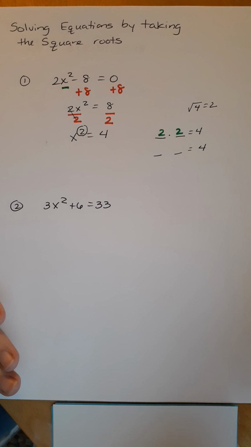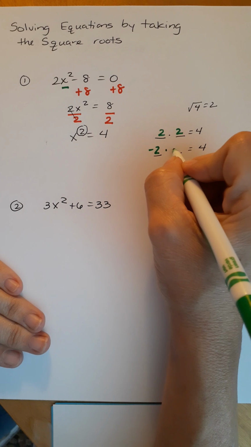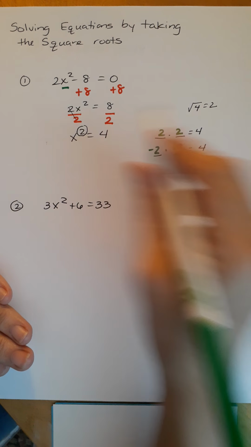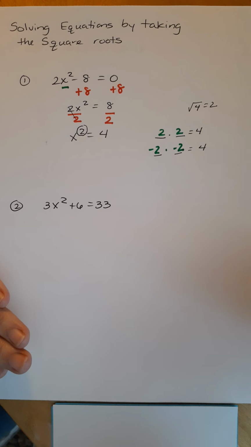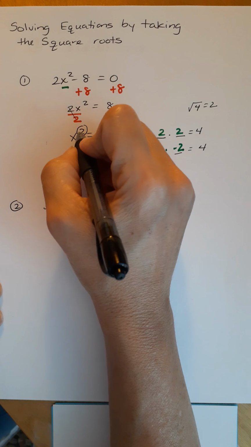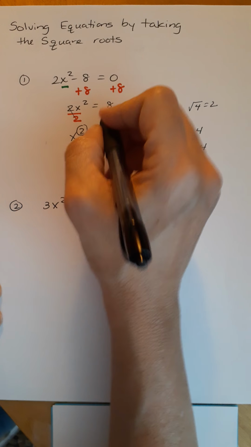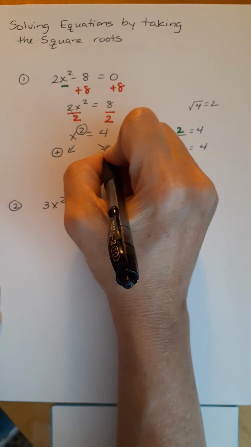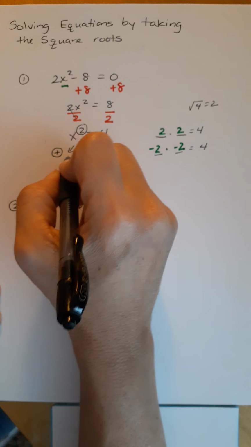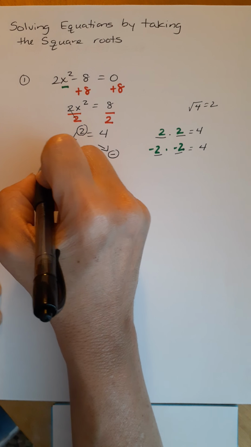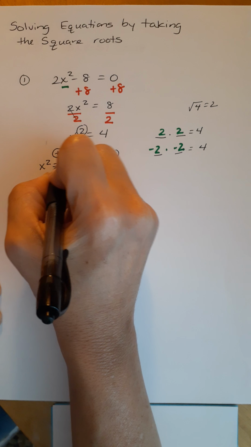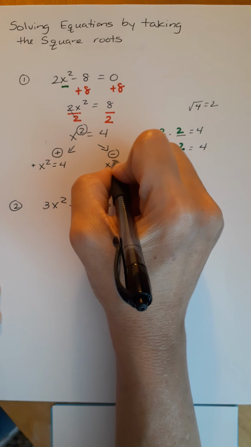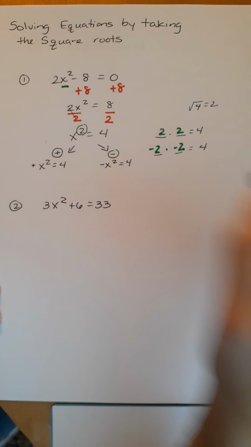Well, it also happens that negative 2 times negative 2 also gives me 4. And so I like to think of it as x squared equals 4. Whatever number this is, I like to think of it as the positive and the negative. So we're going to say x equals positive square root of 4, and x equals negative square root of 4.